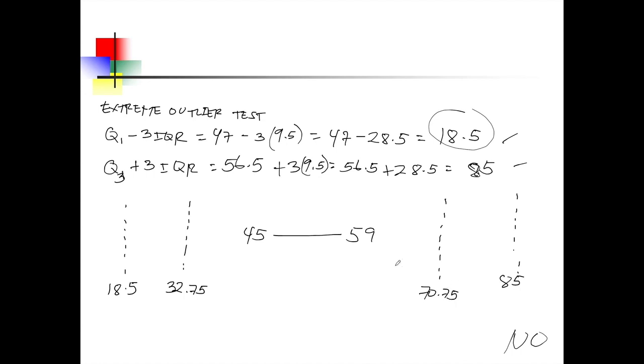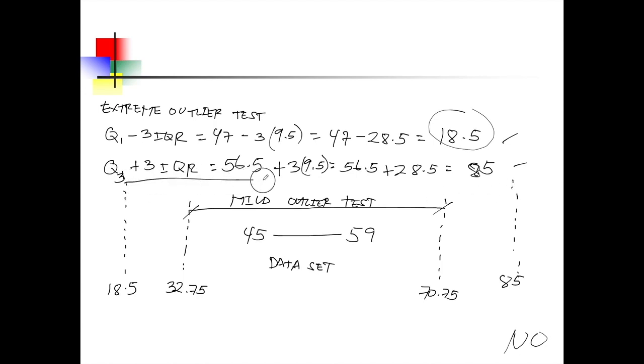So, this is our data set, right? 45 to 59. And this one is our mild outlier test. And this one here is our extreme outlier test.